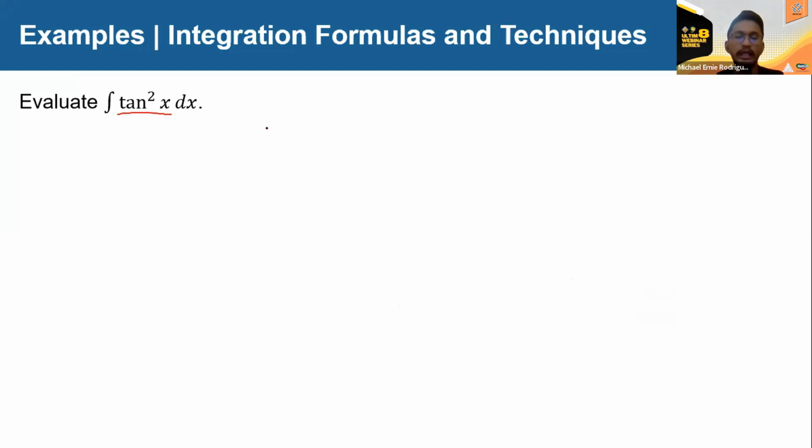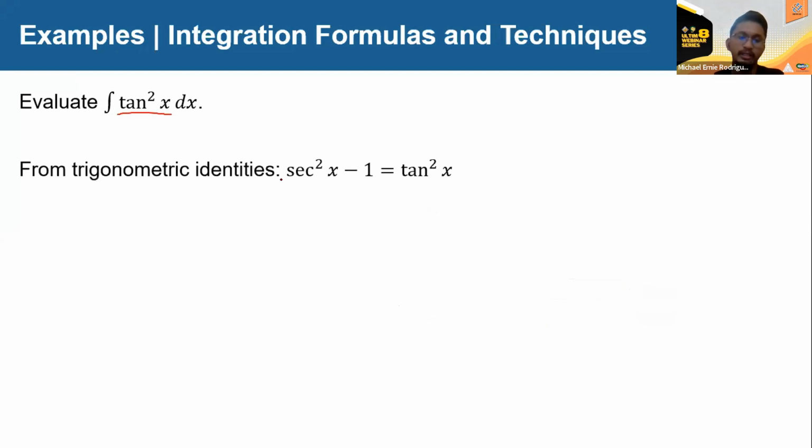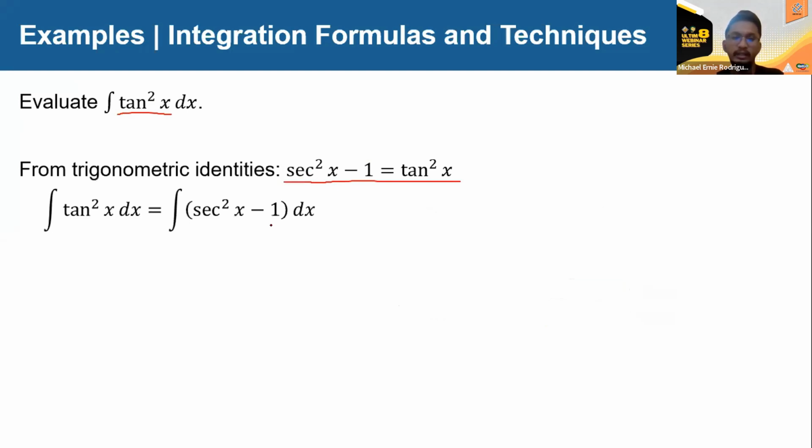So for this one, we will use trigonometric identities. So remember that secant squared of x minus 1 is equal to tangent squared of x. Okay? And then we substitute this identity. So therefore, our integral will be the integral of secant squared x minus 1 dx.